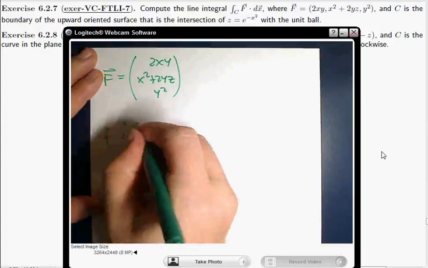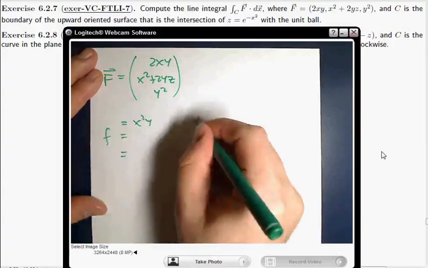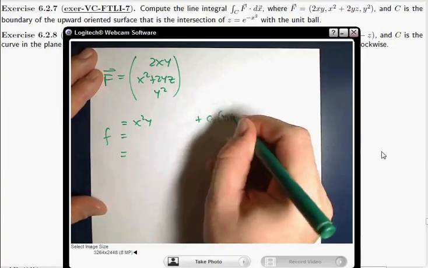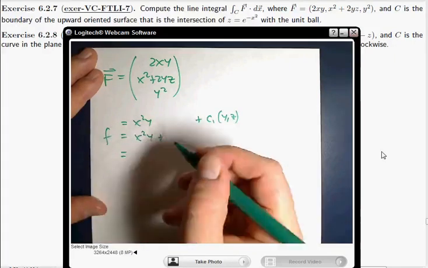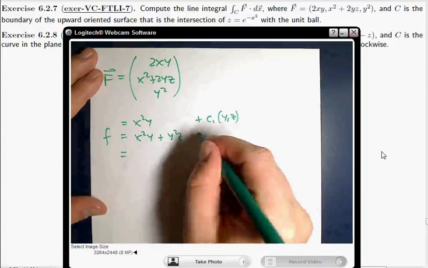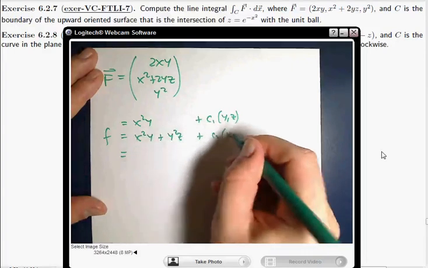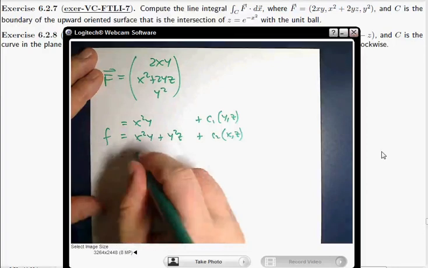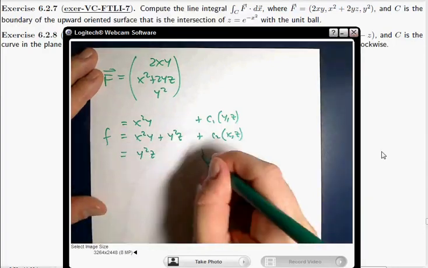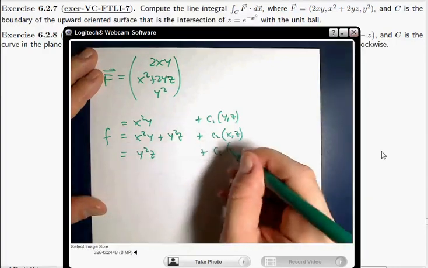has to equal x squared y plus some unknown function of y and z. It has to be x squared y plus y squared z plus some unknown function of x and z, and it has to be y squared z plus some perhaps unknown function of x and y.